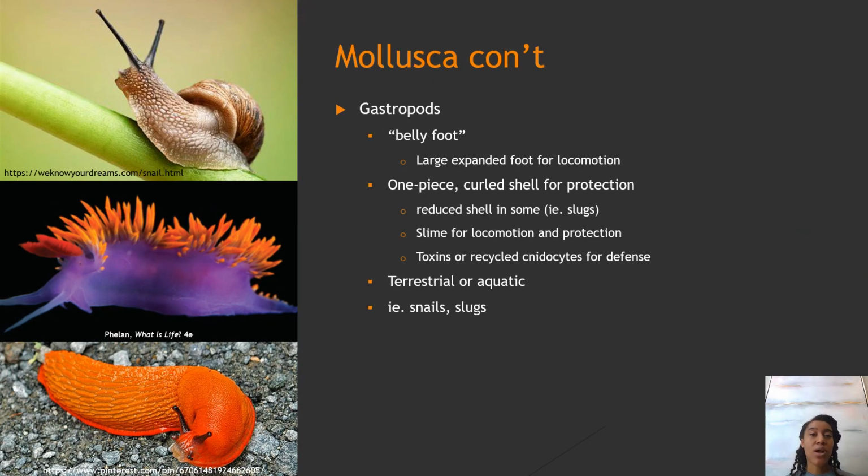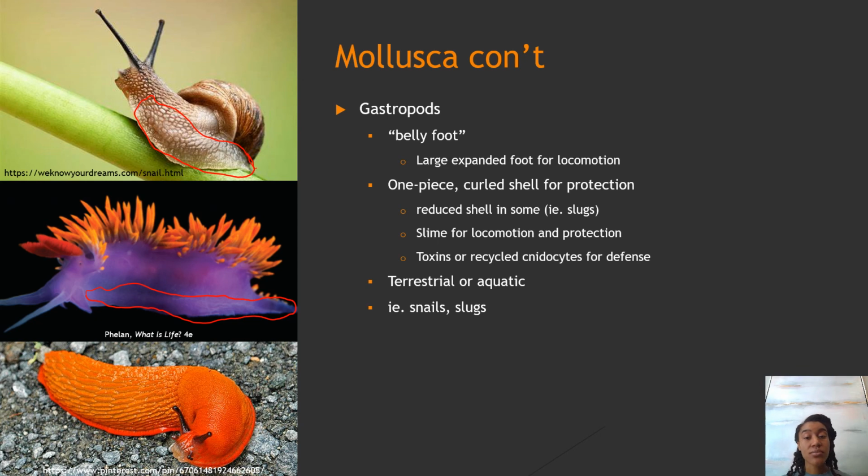The term gastropod means belly foot, and they're called this because they have an enlarged foot that they use for locomotion. You can see that as this part of the snail, and their feet are almost indistinguishable from the head, but that's kind of the foot, and then same here. This is their enlarged foot that they use to get around.